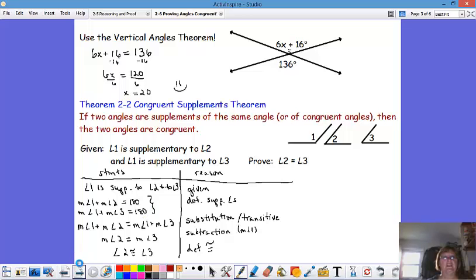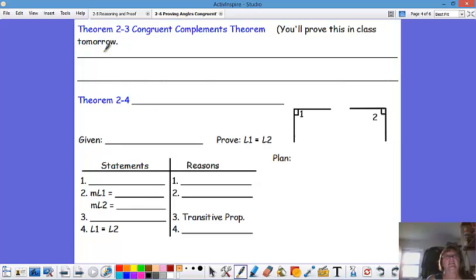I want to push on real quickly here and tell you that the next theorem that we talk about, the congruent complements theorem, we're not going to prove in this lesson. However, it is part of the assignment we'll be working on tomorrow. And this one is very similar.